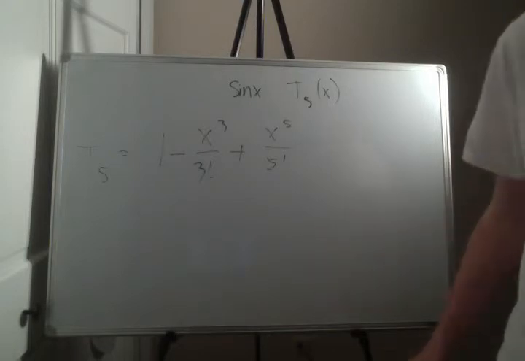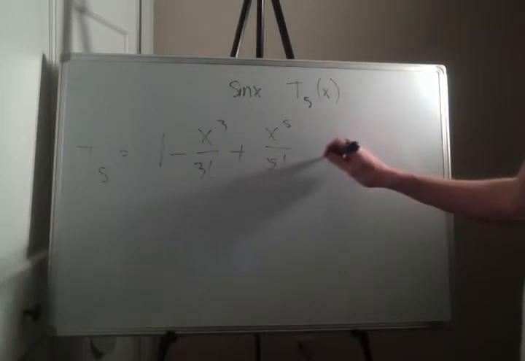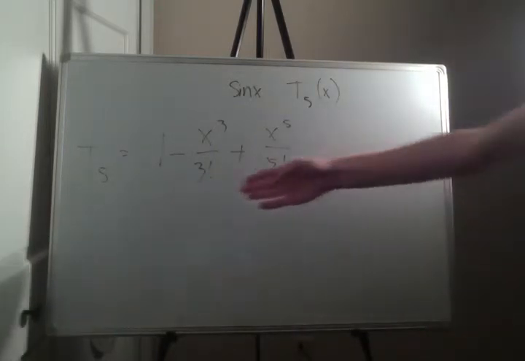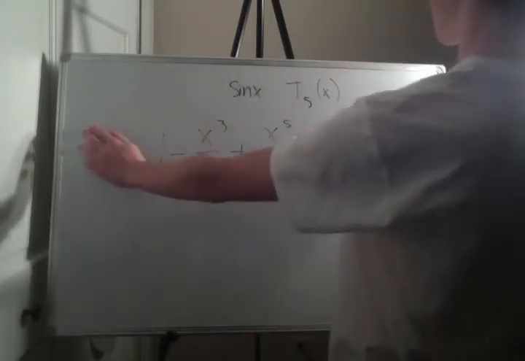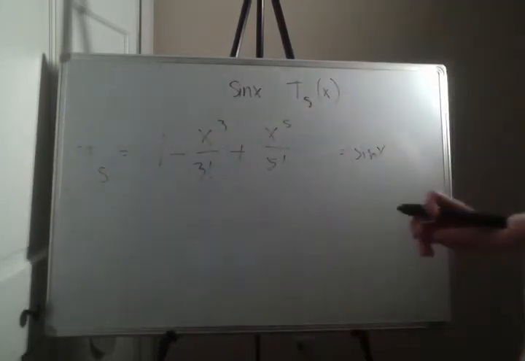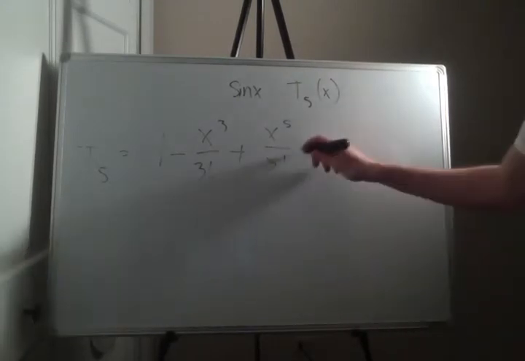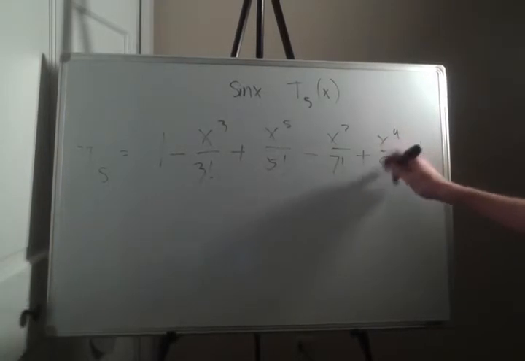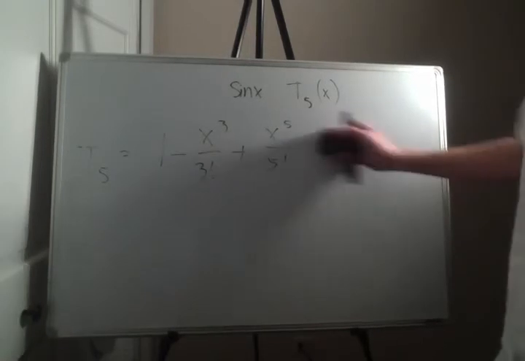Well, because this is basically just a section of it, because technically this would go on forever, and remember that this, with the dot dot dot, equals sine of x. But because there is no dot dot dot there, this doesn't exactly equal sine of x, but it's close to sine of x. And the more terms you go, the more accurate it'll be to sine of x.